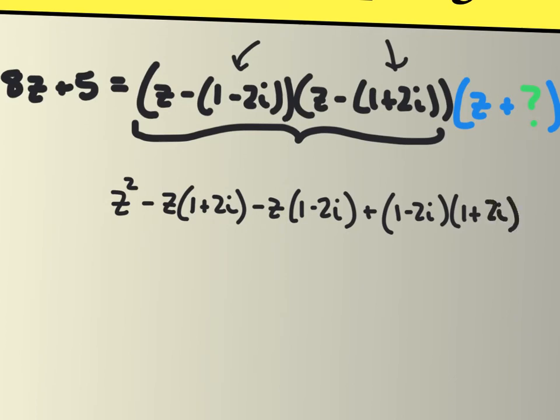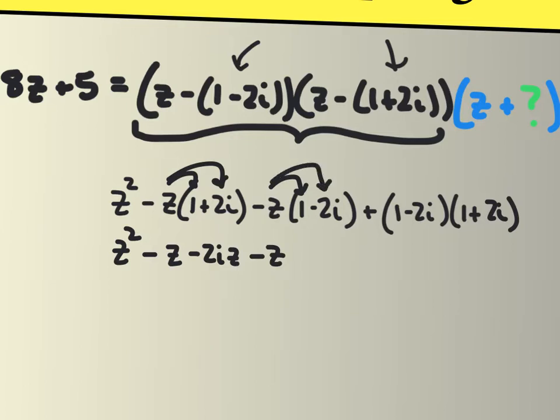Okay, so let's clean this thing up here. This will be z squared minus z, distribute this to both of these terms, minus 2iz. Now moving on, so minus z again, plus 2iz.